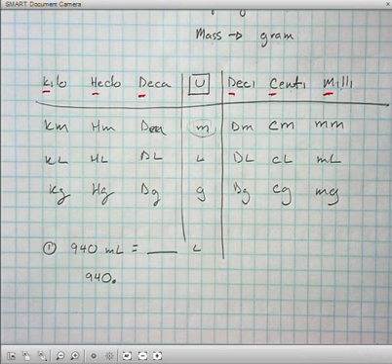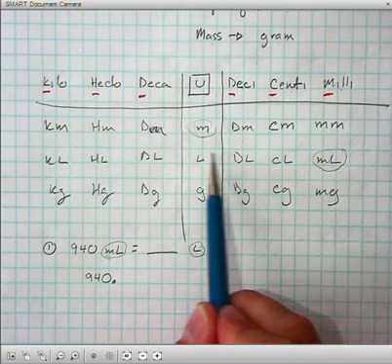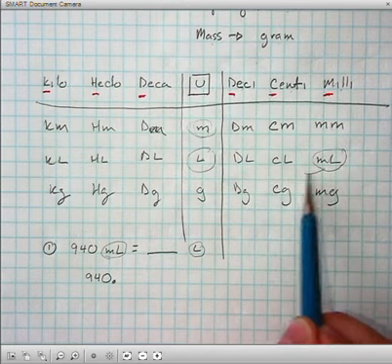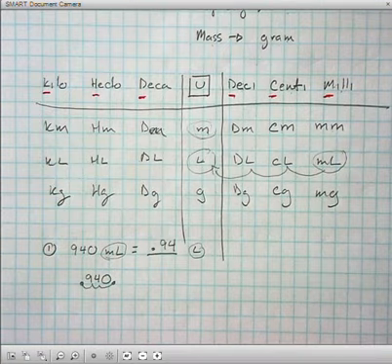We're going from milliliters to liters, so we start at milliliters and go to liters. That's 1, 2, 3 spots to the left. That makes it 0.94 liters. All we're doing is moving the decimal left and right.